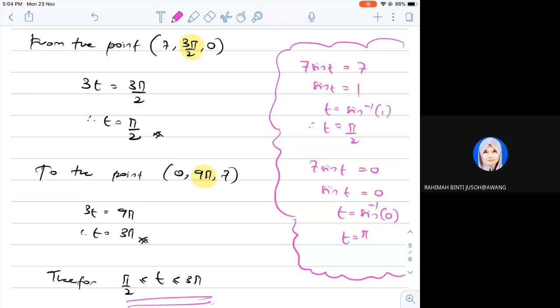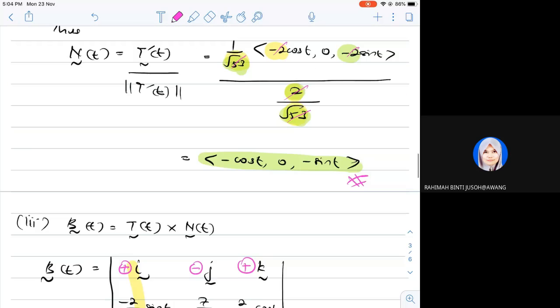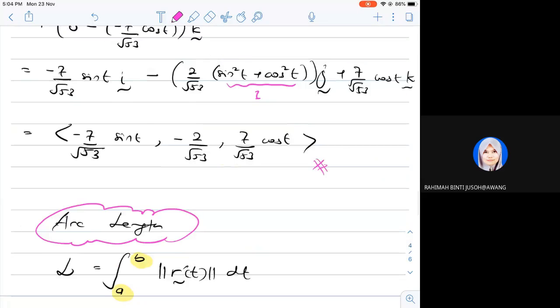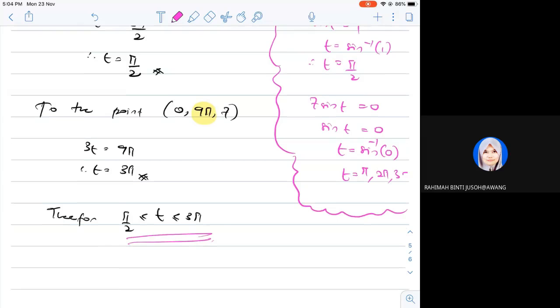It's not necessarily representing the actual limit, because we can have more answers: pi, 2 pi, 3 pi. The real answer should be 3 pi.